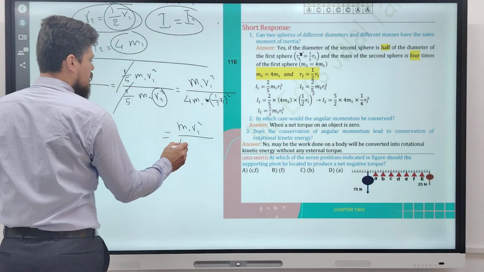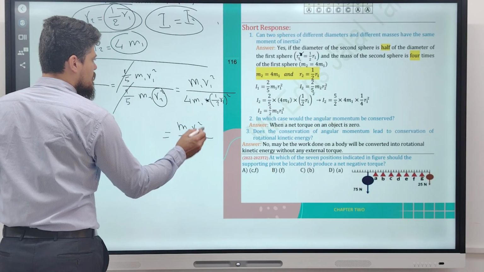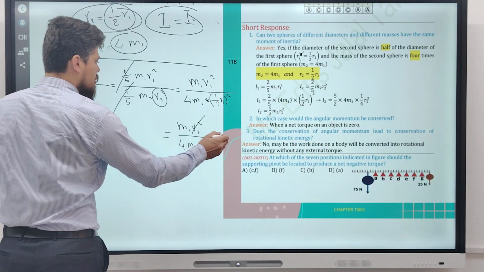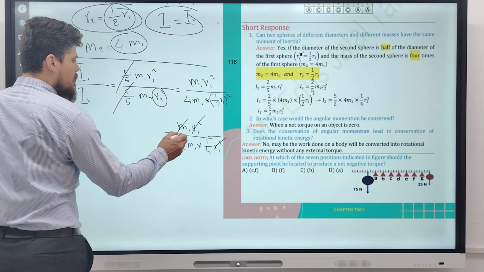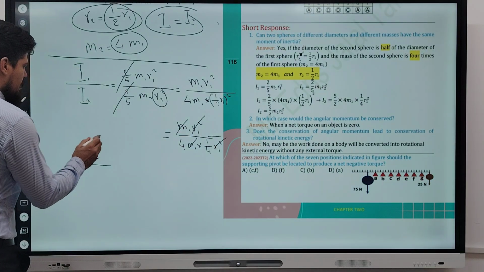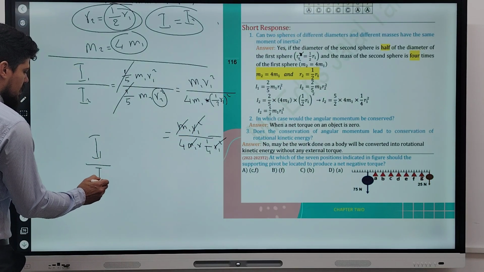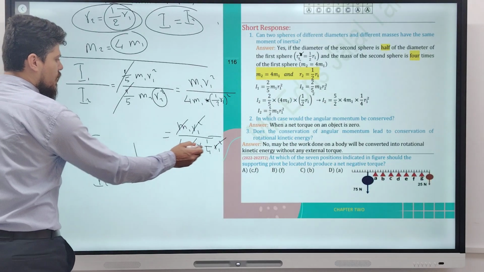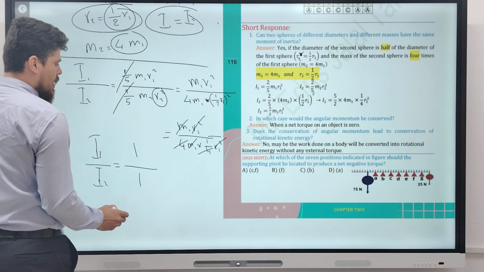M1 R1 squared is equal to 4 M1 times 1 over 2 squared, 1 over 4, R1 squared. Now R1 squared with R1 squared cancel, M1 with M1 cancel. The moment of inertia for the first sphere over the moment of inertia for the second sphere: what is remaining here? 1. 4 times 1 over 4, 1.